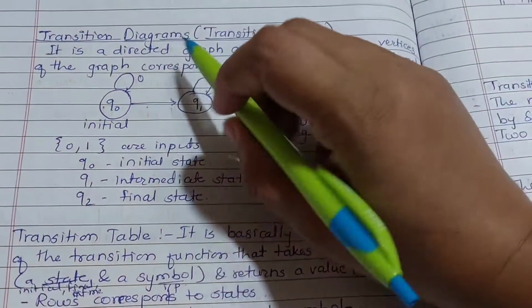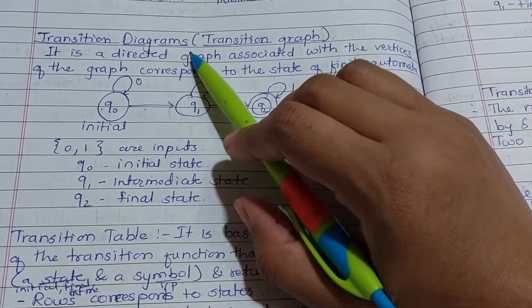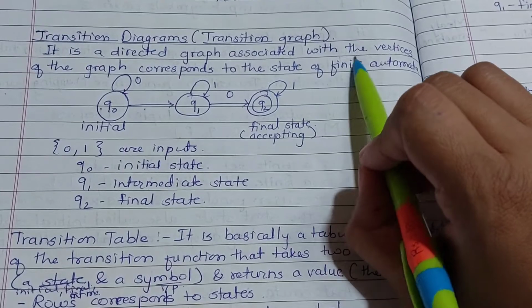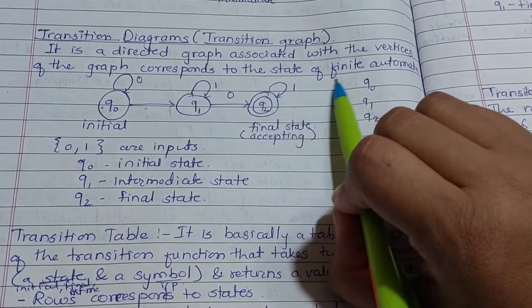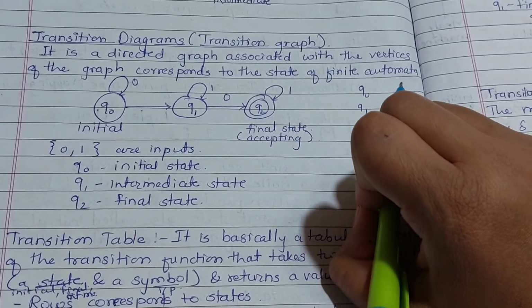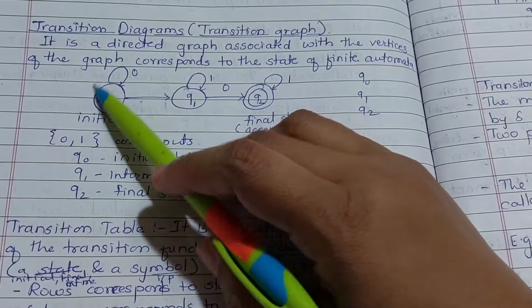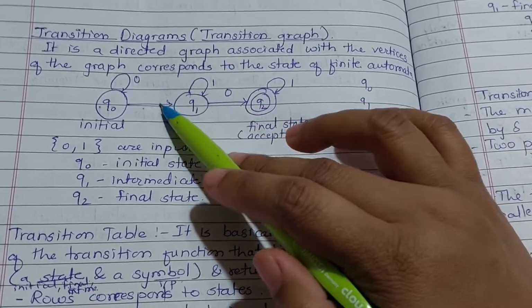Now first we're going to discuss the representation of finite automata in terms of transition diagrams or transition graph. It is a directed graph where the vertices of the graph correspond to the states of finite automata. That means in this graph the vertices are nothing but the states which are there inside this finite automata.